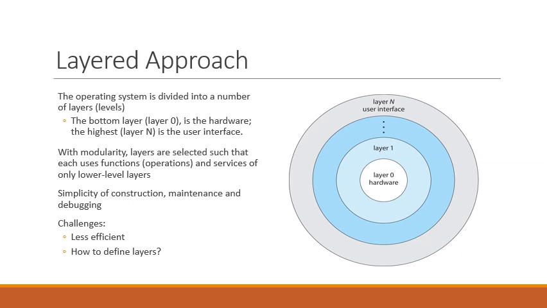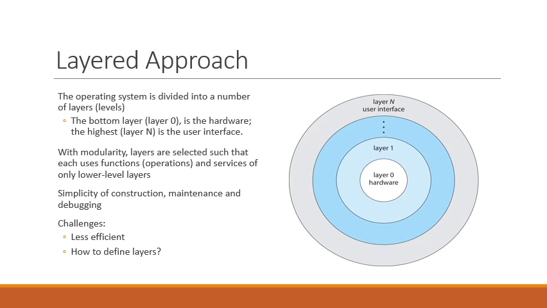Debugging is also easier in this approach. For example, if during debugging process errors have been found on a particular layer, then only this layer needs to be examined for the errors because lower layers have already been debugged. In layered approach, protection is also ensured among operating system services and functions.